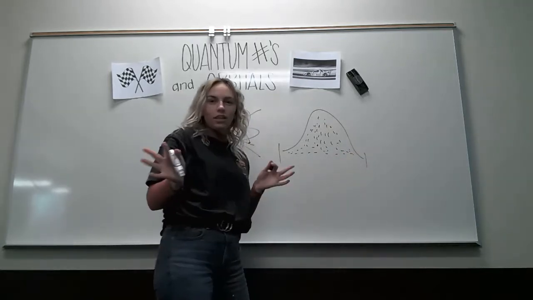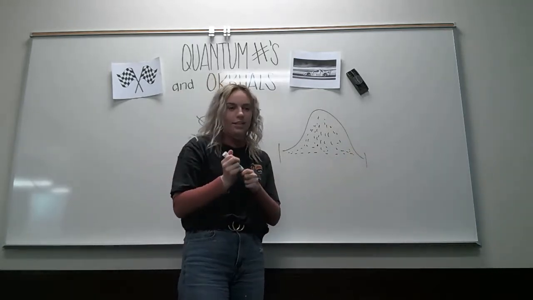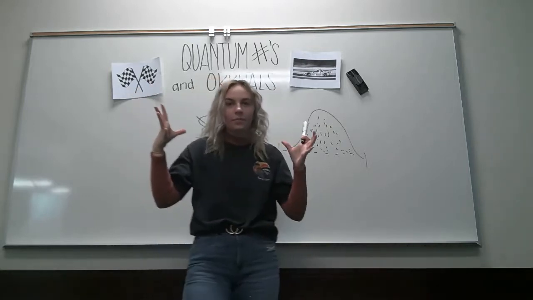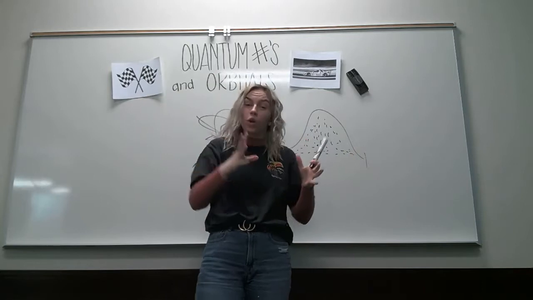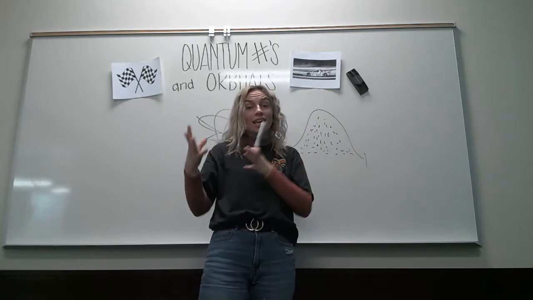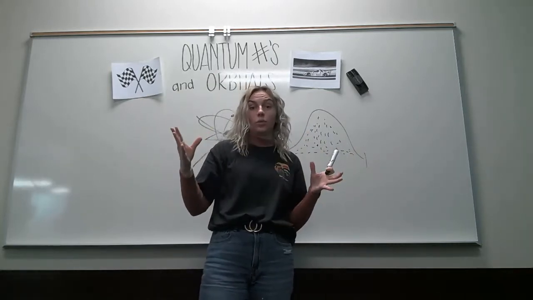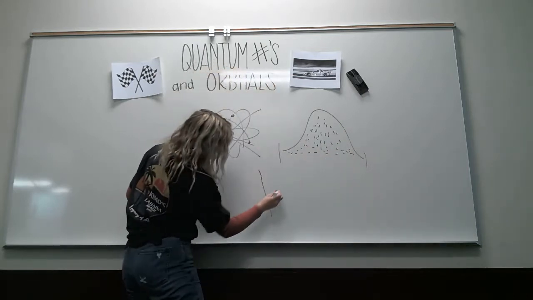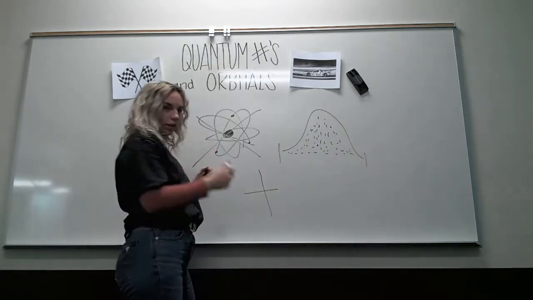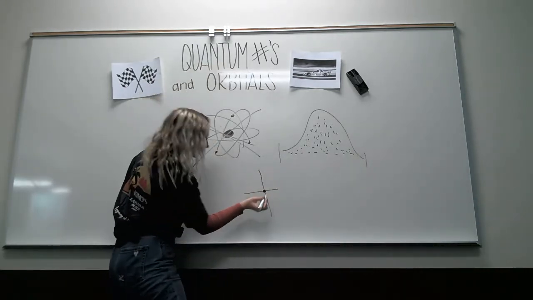So we need to start thinking about orbitals like that: there's an area where electrons can exist, but in certain areas the electron is more likely to exist, in certain areas it is less likely to exist, and there are certain areas where it can't exist at all. Let me draw it more accurately. Right here, we've got our nucleus.